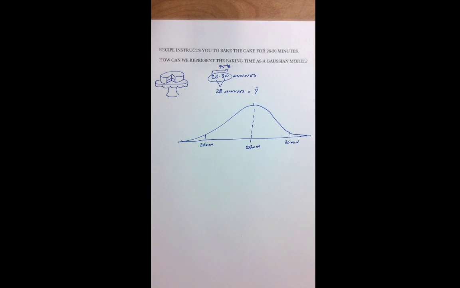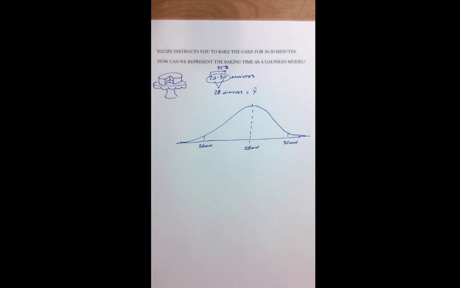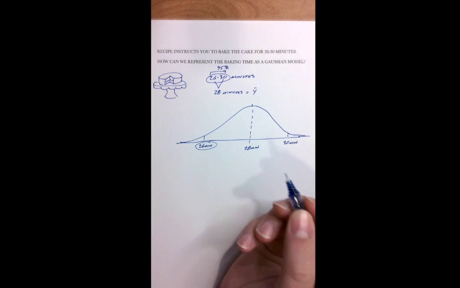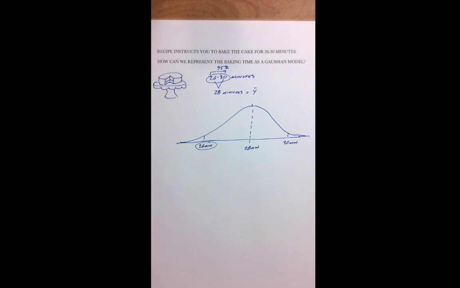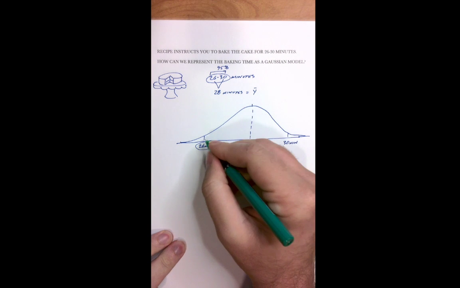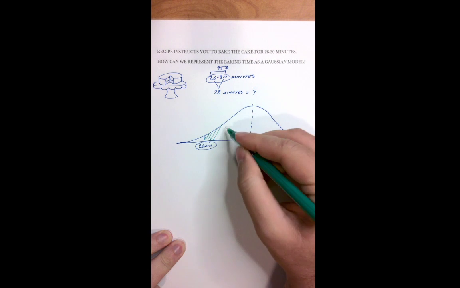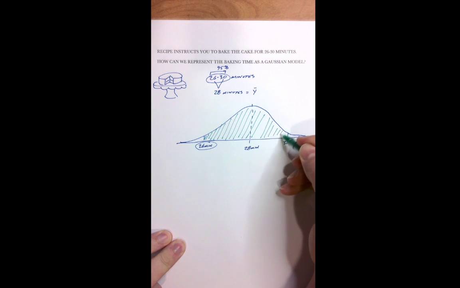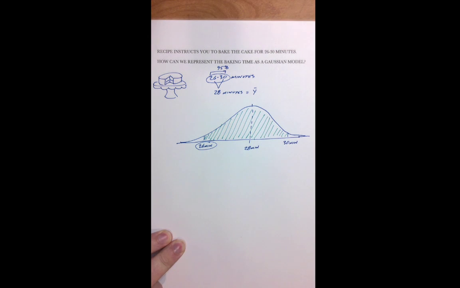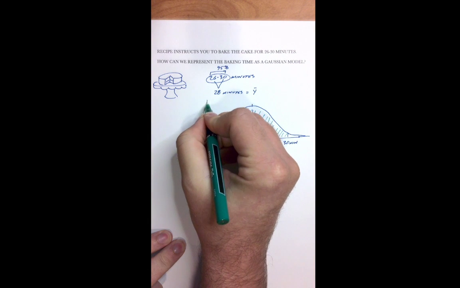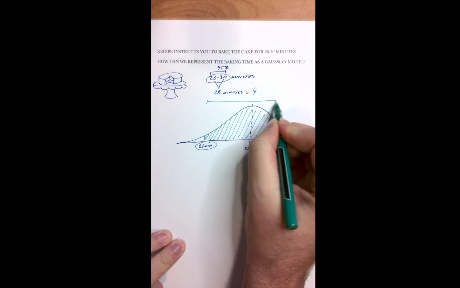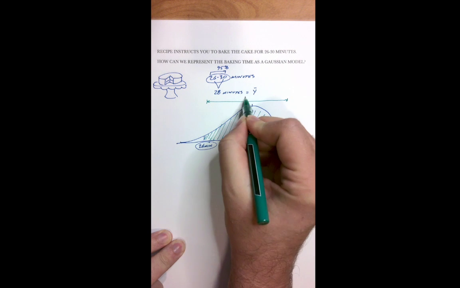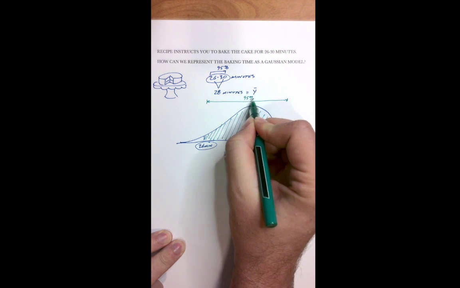And so what we want to do is figure out what value we need to look up to make it so that 95% of the values that our cake could bake for fall in this area here. So we'll make the green the area that we want to look at. Between these 2 points, 26 to 30 minutes, we want 95% of the distribution.